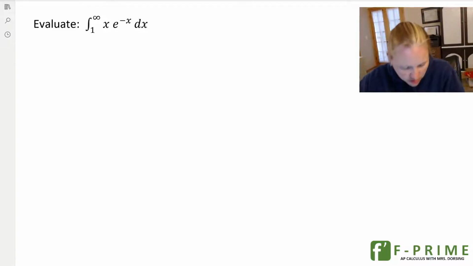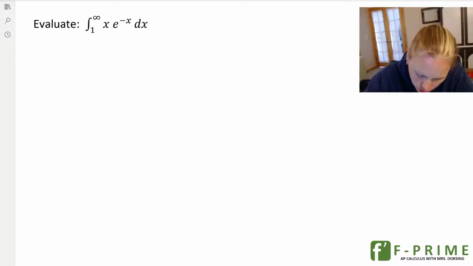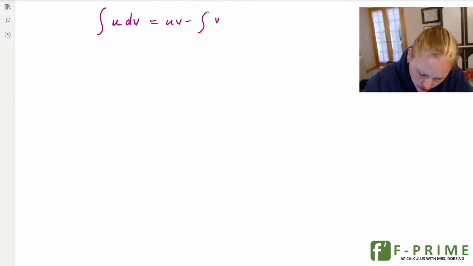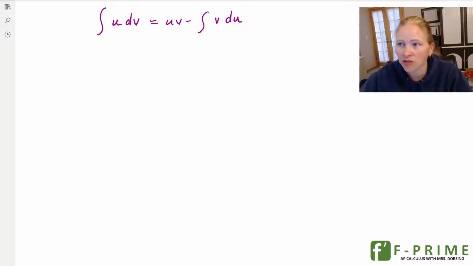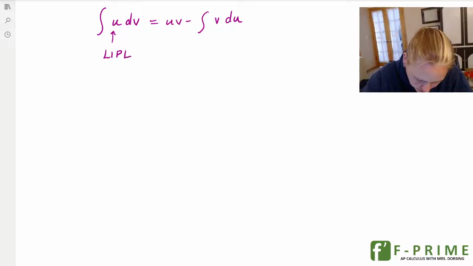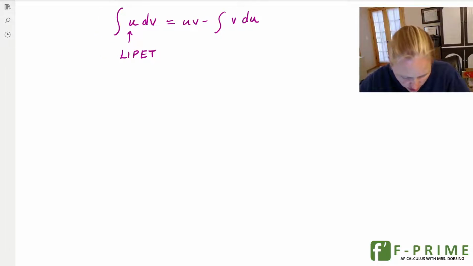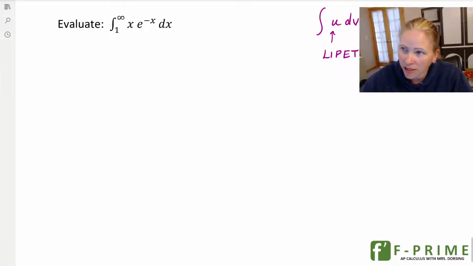I'm going to probably use some tabular integration, but integration by parts, remember, is the integral of u dv equals uv minus the integral of v du. We always let u be determined by LIATE. So there's a quick little snapshot review.